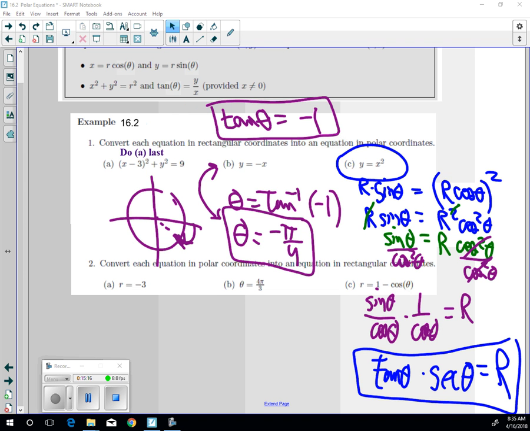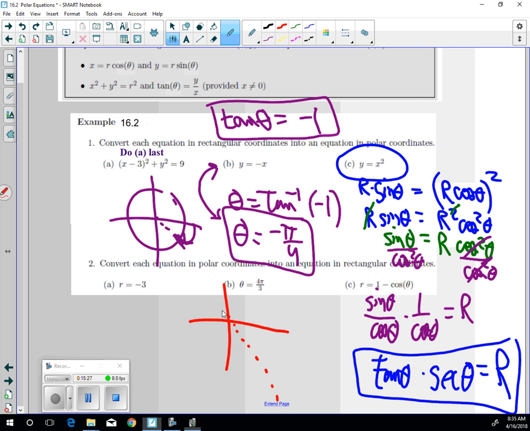And I don't think I can graph this one with your calculators. But this is easy because it just says that all the thetas are negative pi over 4. Any r you put in, and that's what the line's going to be, which is y equals negative x. That one makes sense. This one, we're going to have to graph it to see.